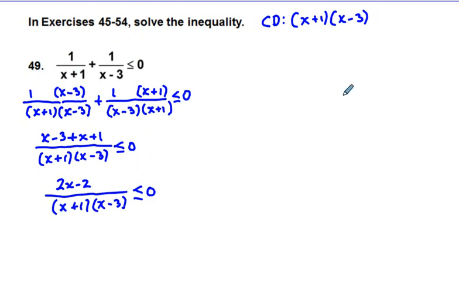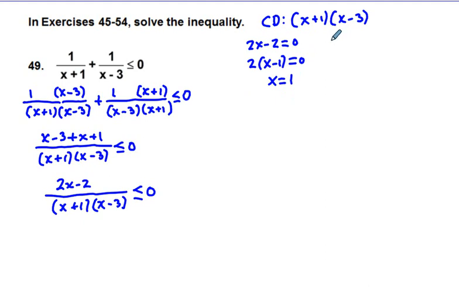So now we can find our critical numbers. First of all, we have for our numerator 2x minus 2 is equal to 0. So 2 times quantity x minus 1 is equal to 0. So x equals 1 is one of our critical numbers.